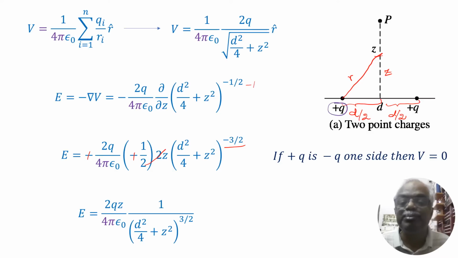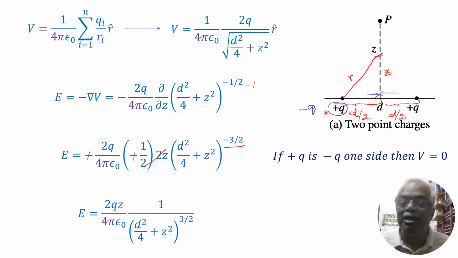Earlier, when both charges are equal, the field due to the positive charge and the field due to the other positive charge, the parallel components cancel each other because both are equal charges.